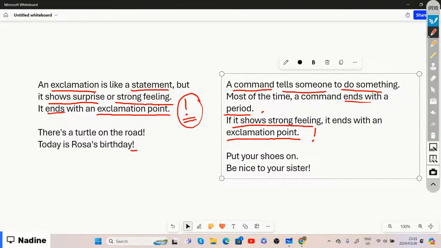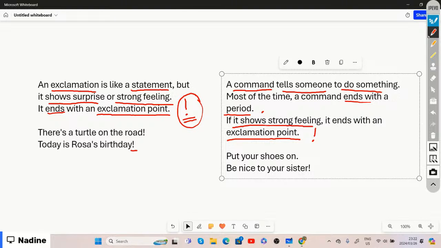Brush your teeth, maybe close the door, switch on the AC, right? Those are basically someone telling you to do something. And that ends with a period, because that is a statement that is being made. It's a command, but it just ends with a period.